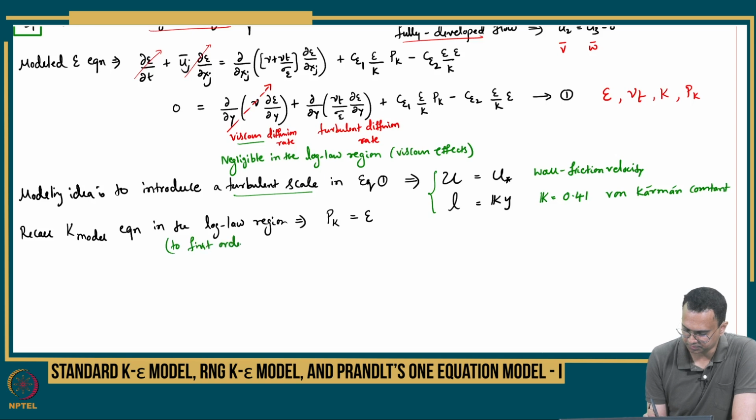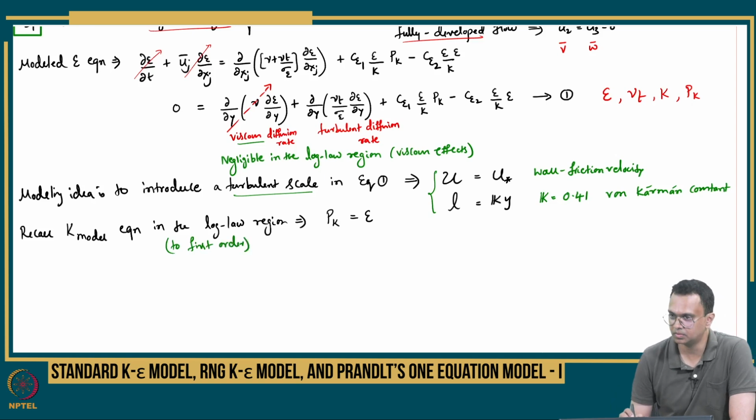To first order, pk equal to epsilon, and what is epsilon dimensionally? Meter square per second cube.